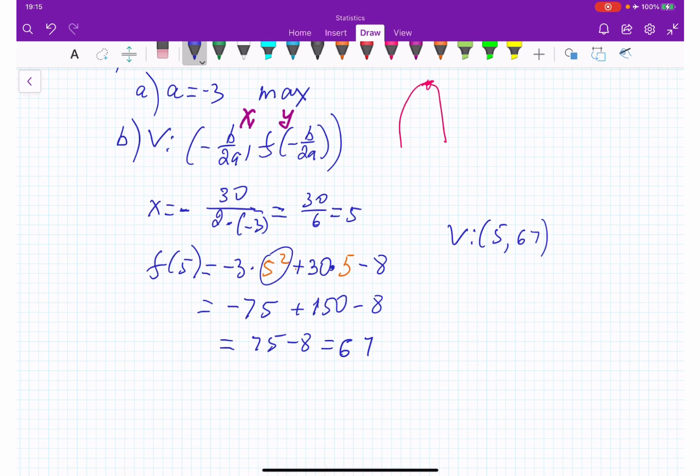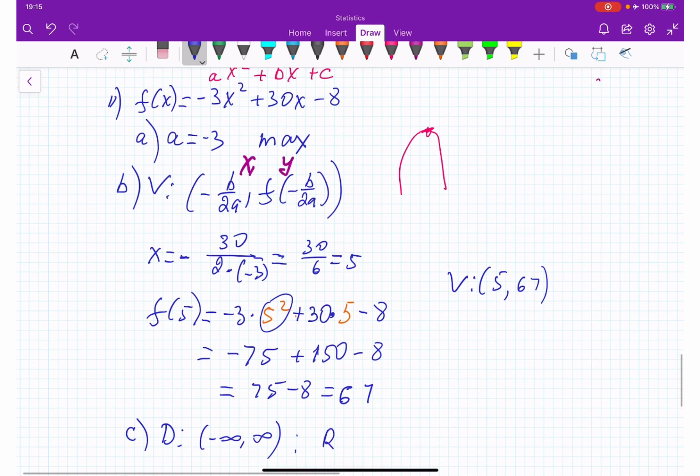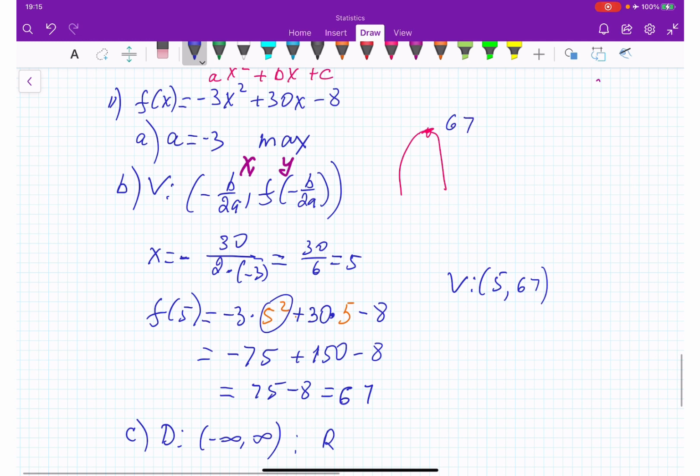From here, the domain, since it's a parabola, is always going to be negative infinity to positive infinity. But the range is going to be different this time since it's a maximum, 67. So it's going to go from negative infinity, and the range, this is the value of y, I'm going to hit 67 as a ceiling, that's all.